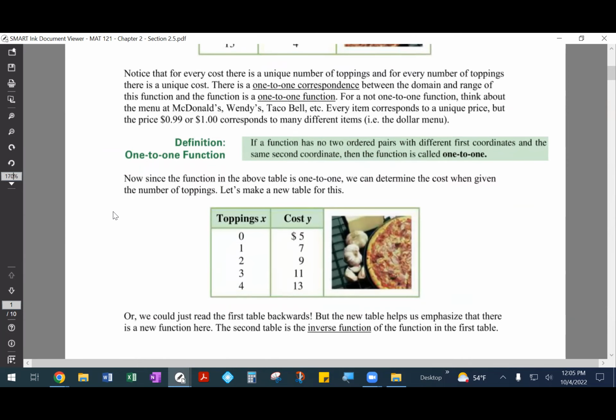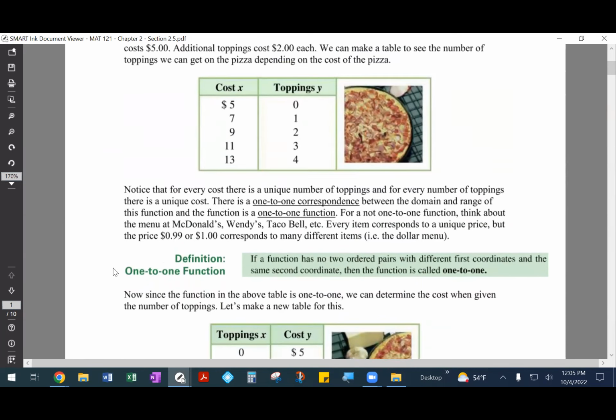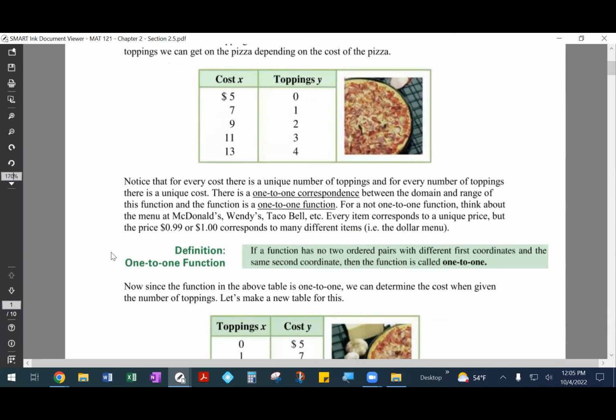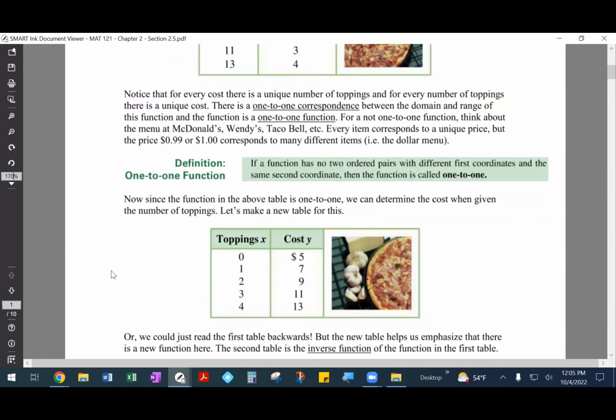Now, once you have that one-to-one relationship between your X and Y variables, and you can see the definition for the one-to-one over here, the idea is I should be able to interchange my X and Y variables. So here you will notice my toppings are the Y variable, the cost of the pizza is the X. If I switch that relationship and make my toppings the X value and my cost the Y value, I am still maintaining that one-to-one relationship, right? My topping is still 0, my price is $5, my topping is 3, my price is $11.